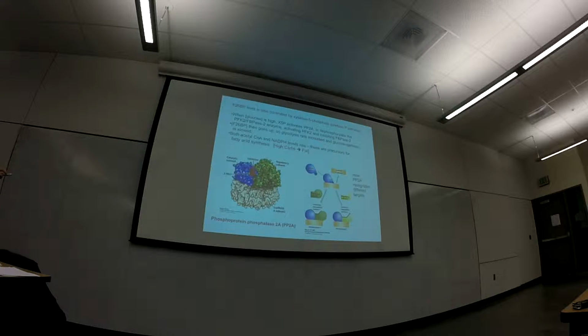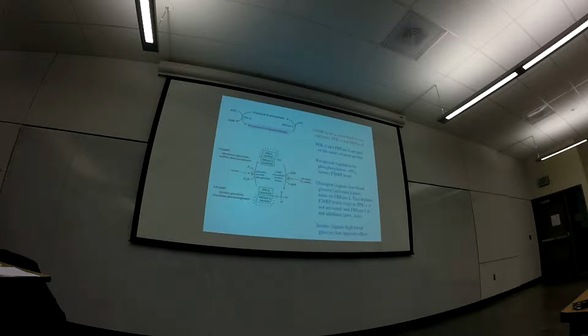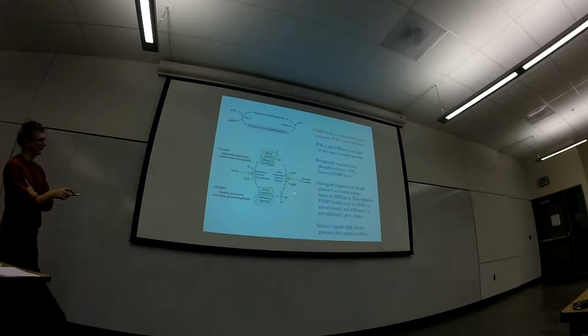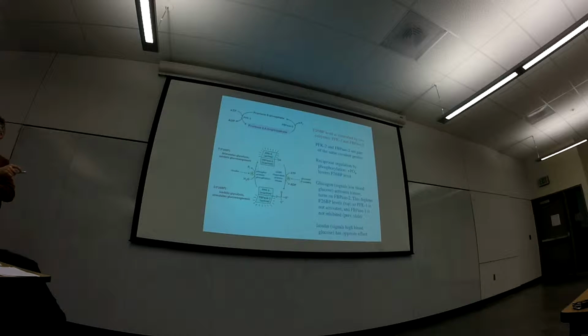So here, if we take a phosphate off of this PFK2/FBPase2 enzyme, we activate PFK2 and we inhibit FBPase2, and that's what this is. It's a different phosphatase than the one mentioned here, but it has the same effect in terms of moving you this way. So if we take a phosphate off, we've just activated PFK2, and that means we activated glycolysis.